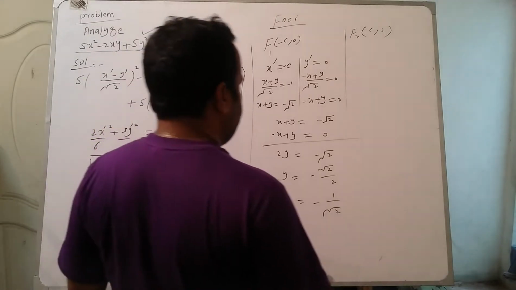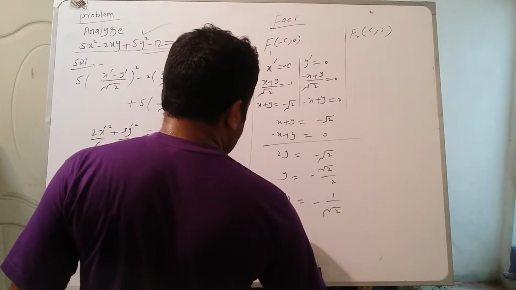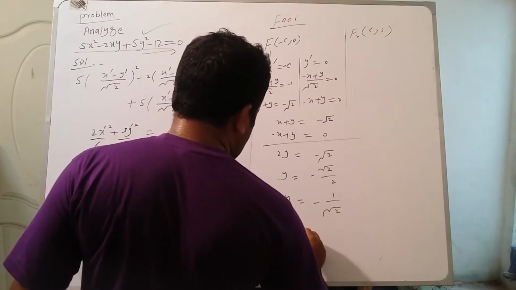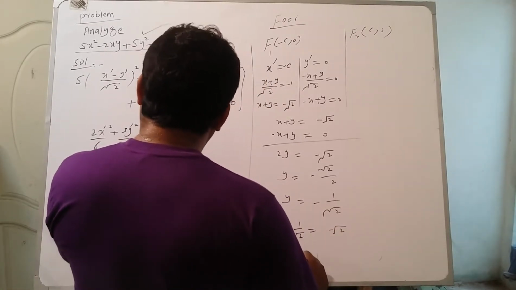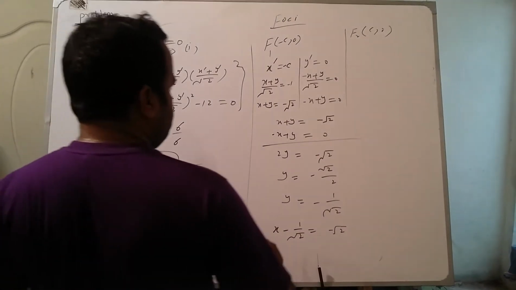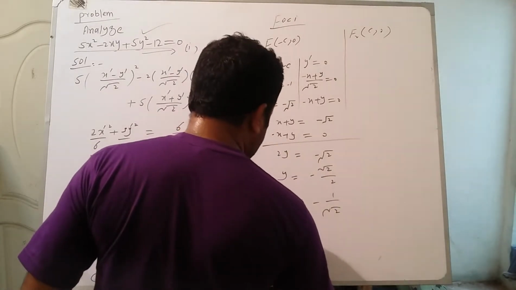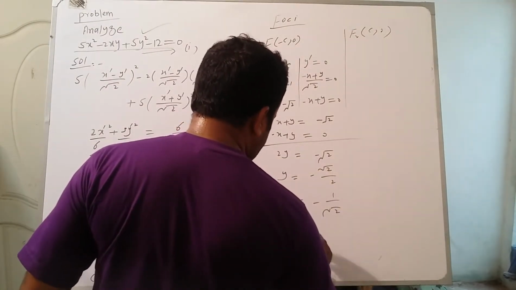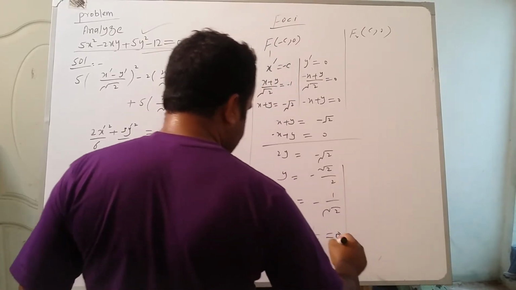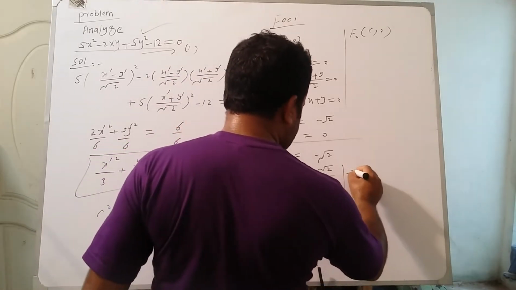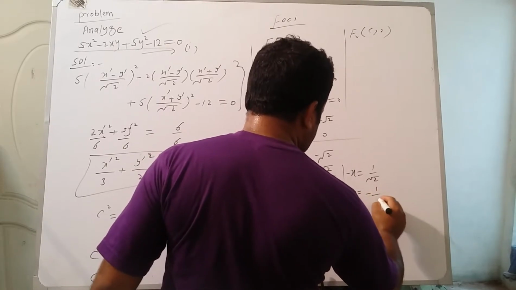So what will be x? Putting y in this equation: minus x plus y, meaning minus x minus 1 over root 2, is equal to 0, and minus x is equal to 1 over root 2, so x is equal to minus 1 over root 2.